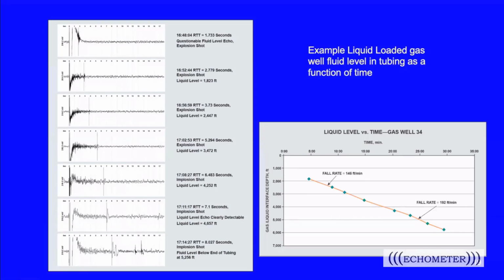So if you're doing a static shot or even a pressure transient test, I often find that the farther you are into the test, the better the quality of your shots become, because your pressure on the well increases, and the higher the pressure, the greater the density of the gas in the well, the greater the ability of the sound or the acoustic pulse to travel through that gas. So on this well, we saw the traces here, and over on the right-hand side, you can see how that liquid level was falling with time when this well was shut in.